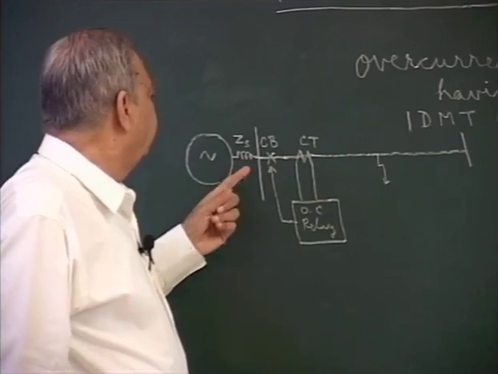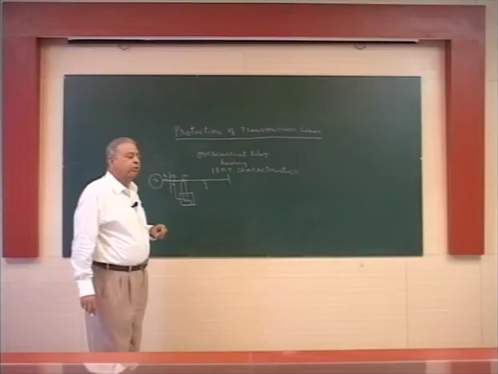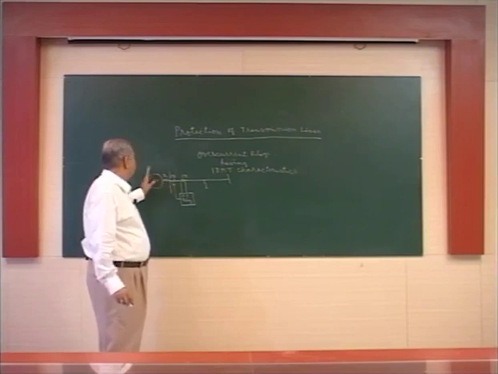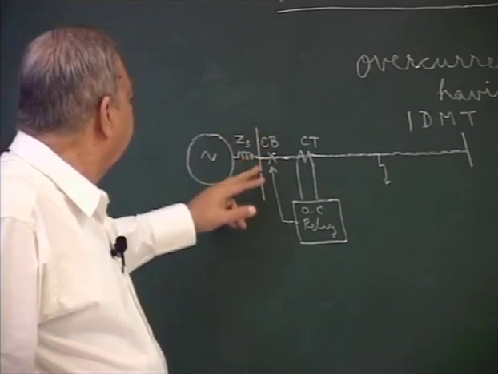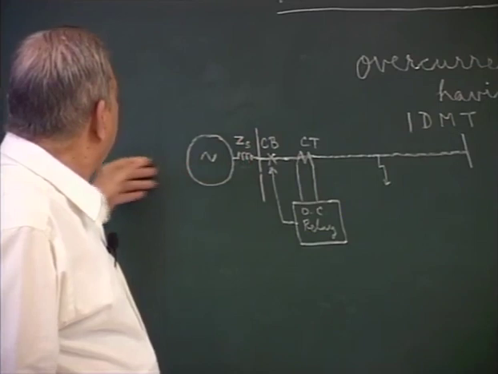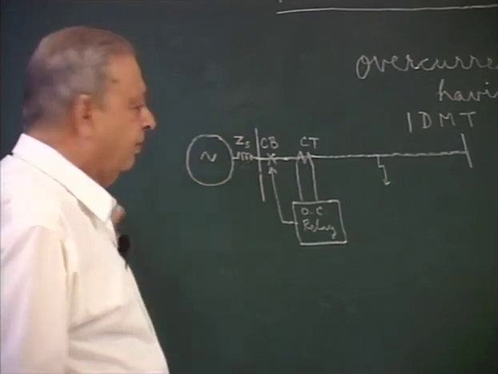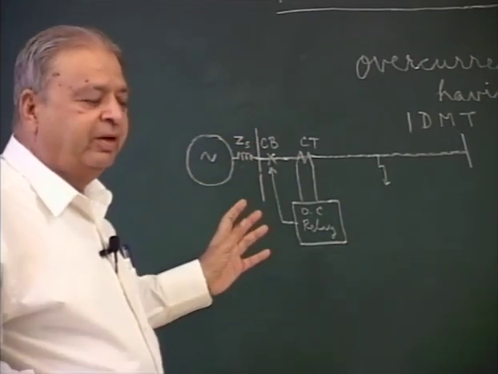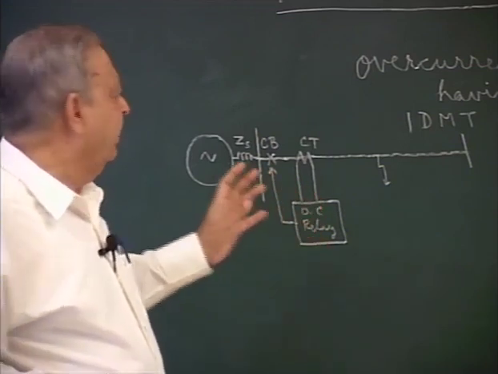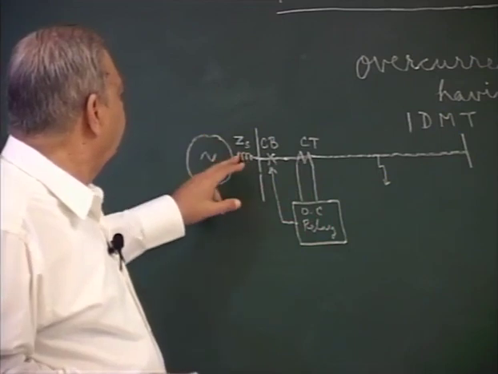Now, the source impedance comes due to the Thevenin equivalent circuit present before the bus, because say this bus is there and there is no direct generation connection, but there is a whole separate power system which has been represented by its Thevenin equivalent by a voltage source in series with the impedance.